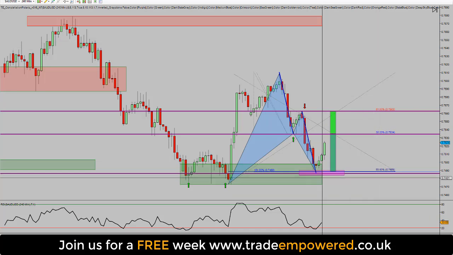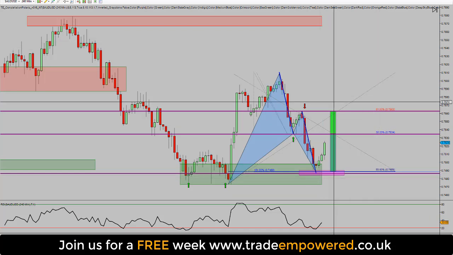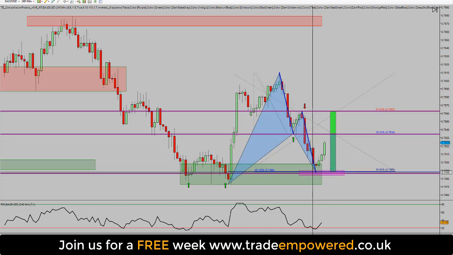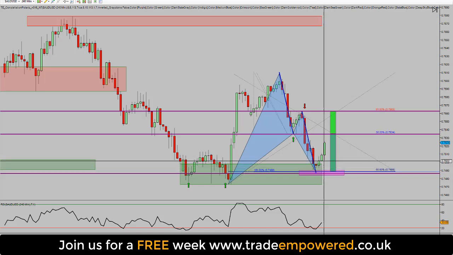So whether you're in the bat pattern, or you're taking conventional targets, or you've got a structure-based CTS style entry and you used a higher high, higher close candle, maybe on your lower time frame, or even on this time frame where you got in just above that 75.00 even handle. You see we had a higher high, higher close here.